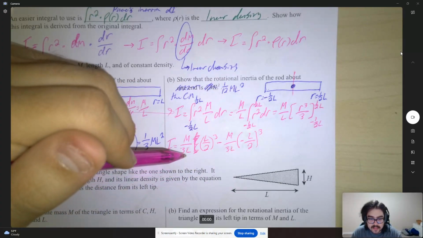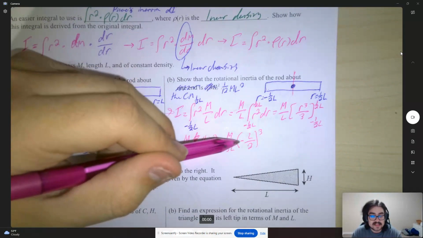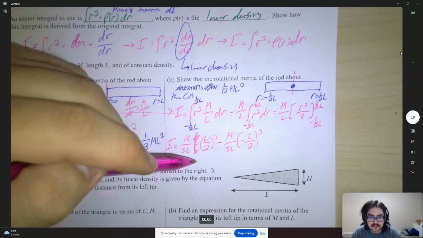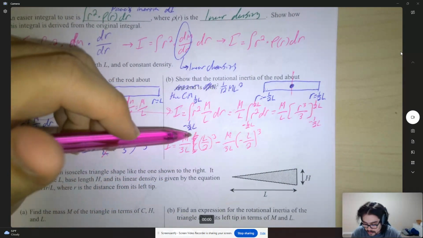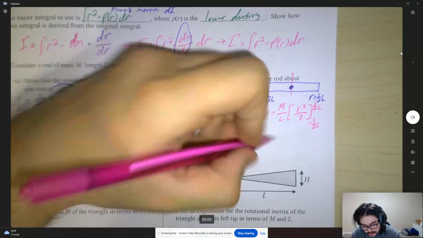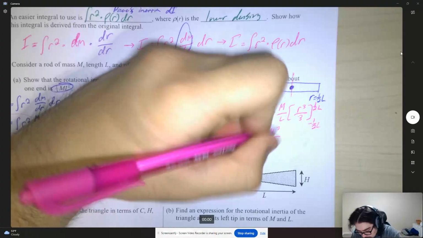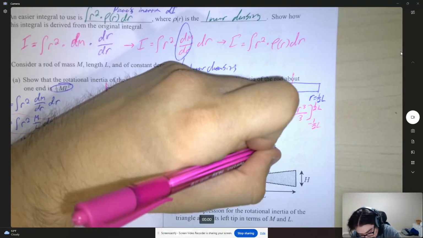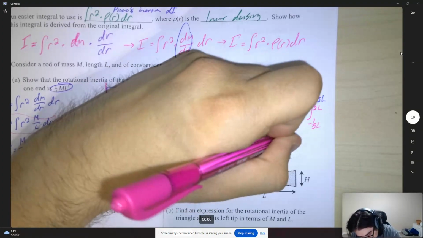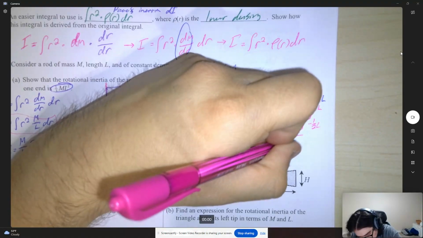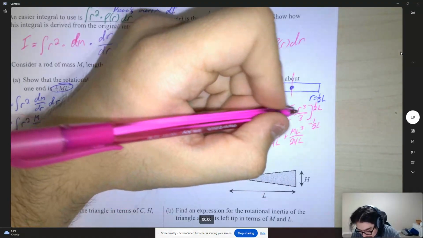There's also going to be L cubed over 8, but it's going to be negative because negative cubed is still negative, okay? And that actually turns this part into positive. So when you do all of that, you're going to end up getting ml cubed over 24L plus ml cubed over 24L, okay?